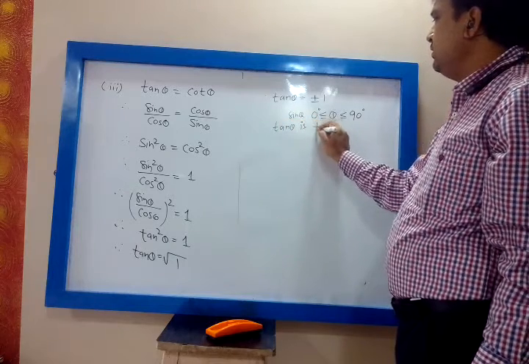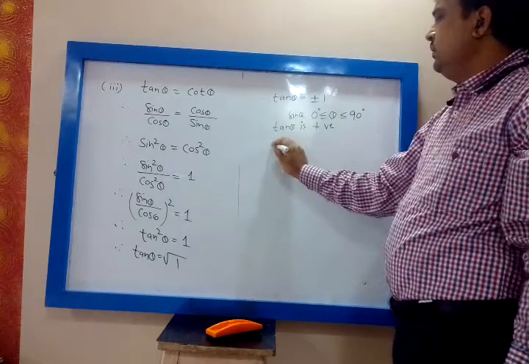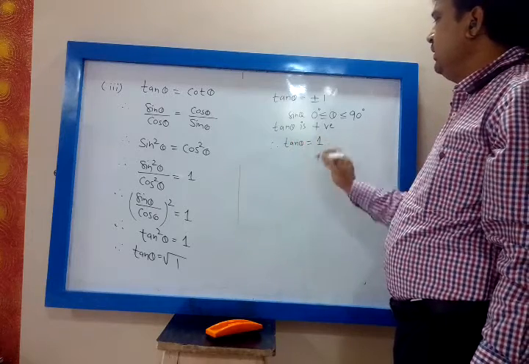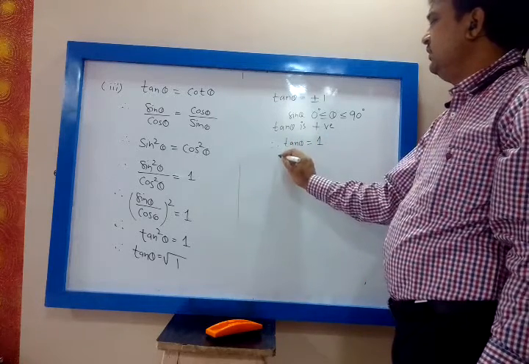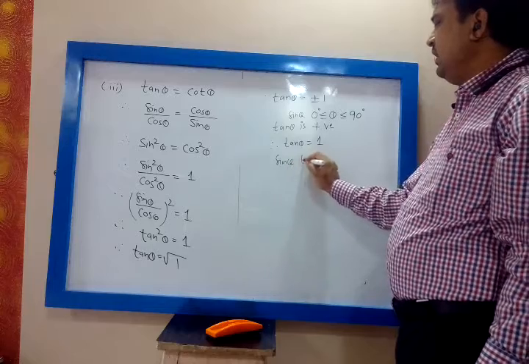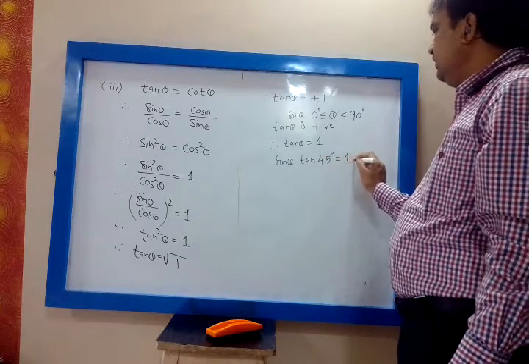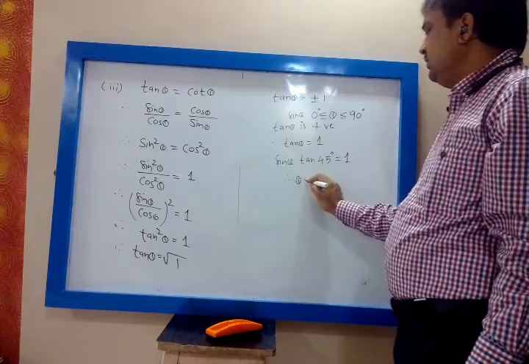Out of plus minus sign we take tan theta is equal to 1. But tan of which angle is 1? Yes, tan 45 degree is 1. So that will give you theta is equal to 45 degree.